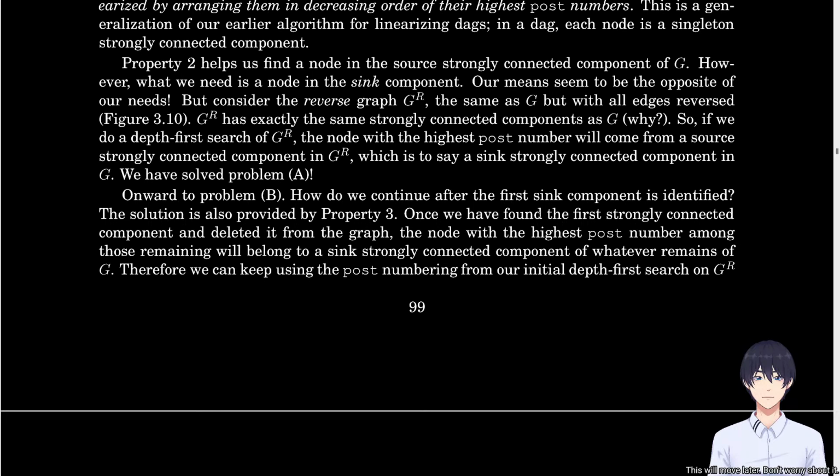Once we have found the first SCC and deleted it from the graph, find the first SCC and delete it from the graph. The node with the highest post number among those remaining belongs to a sink SCC of whatever remains of G.